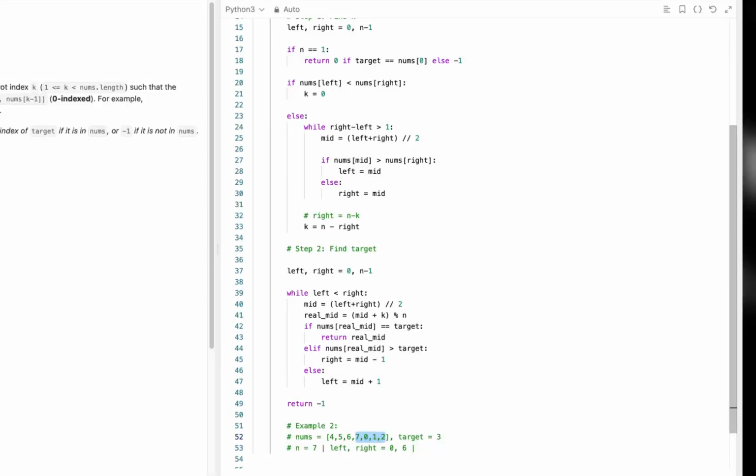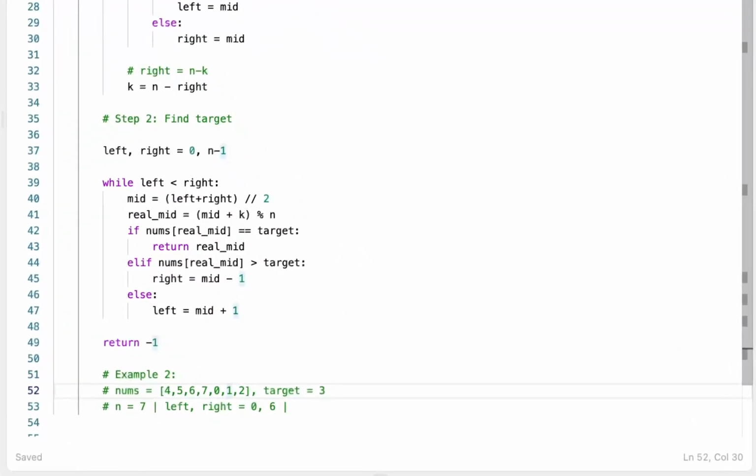We check this one, and now 4 divided by 2 is 2, 0, 2, so I check this one. 1 is strictly inferior to 2, so we choose the left side. So it's the right that becomes, oh, my bad.